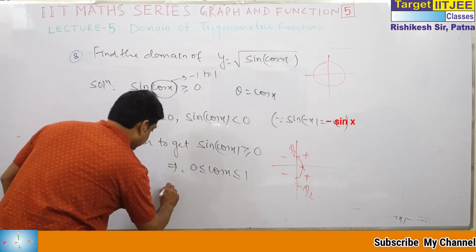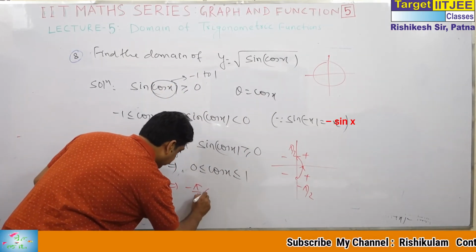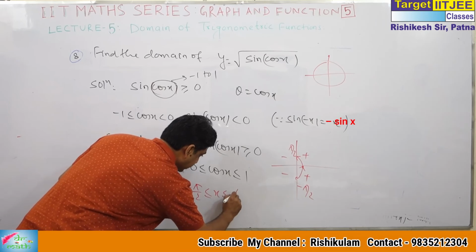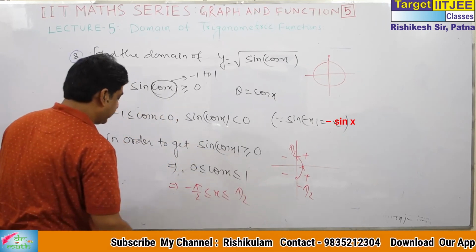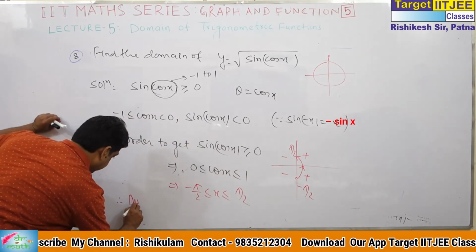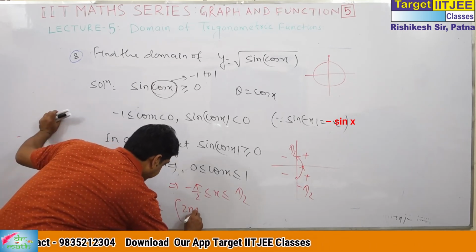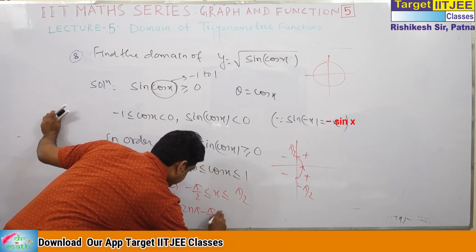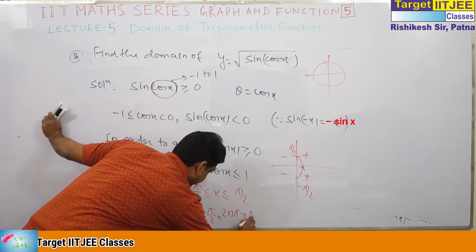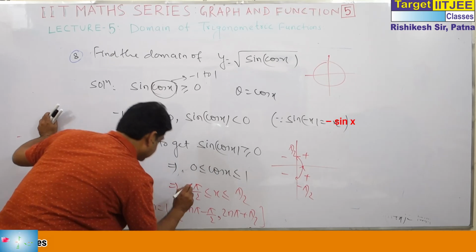So we write minus pi by 2 less than or equal to x less than or equal to pi by 2. So what is the domain? In the general solution, we will add n pi. This is 2n pi minus pi by 2, 2n pi plus pi by 2, and union.